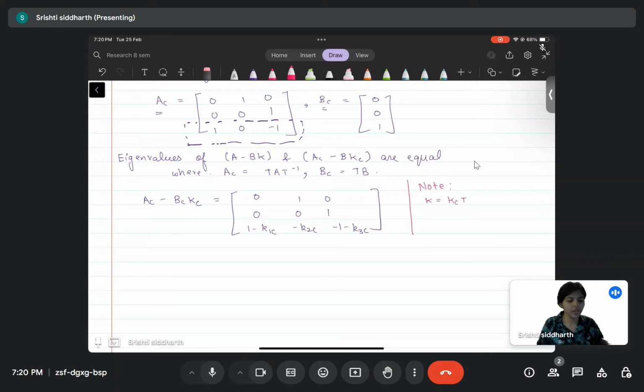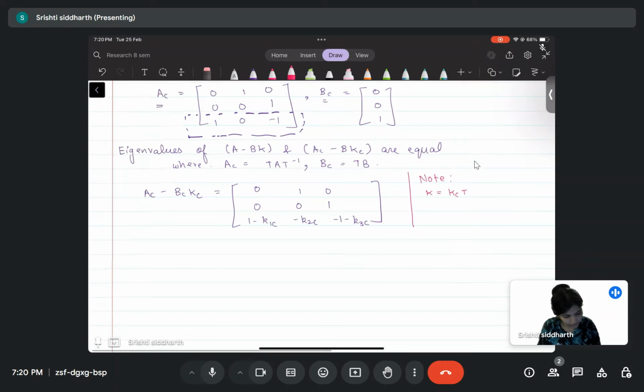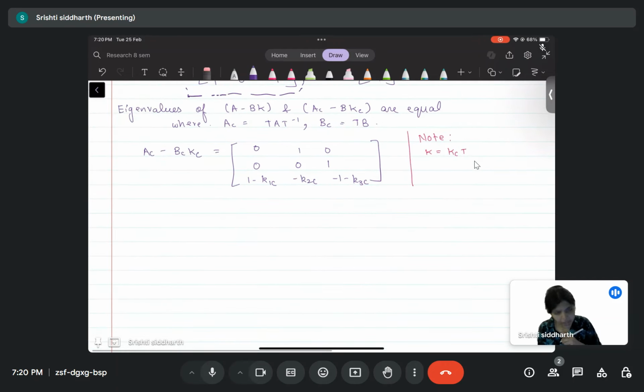The transformation matrix T. Alright. So now the desired characteristic polynomial is also very simple to calculate.